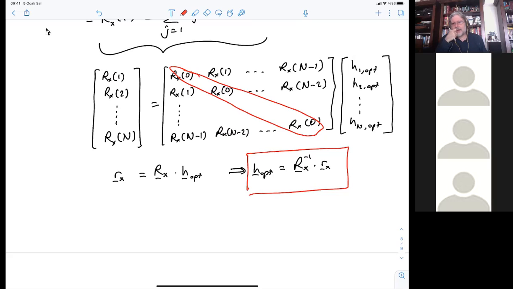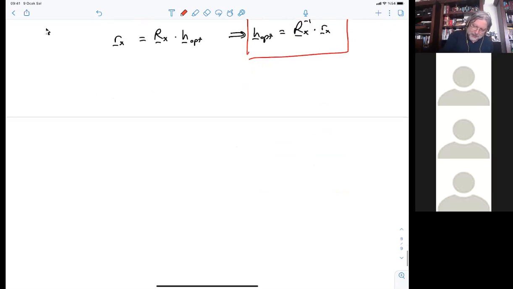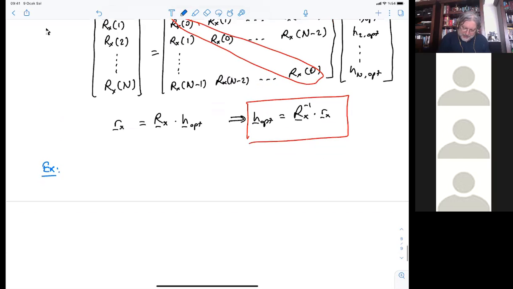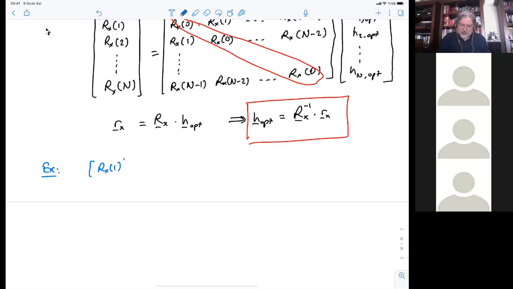It's this. You may be curious about whether this really works for the previous solutions, and I recommend that you check it. I will show it for h1 only. In the case of h1, the left-hand side becomes Rx1, a vector with only one element, which is a scalar.